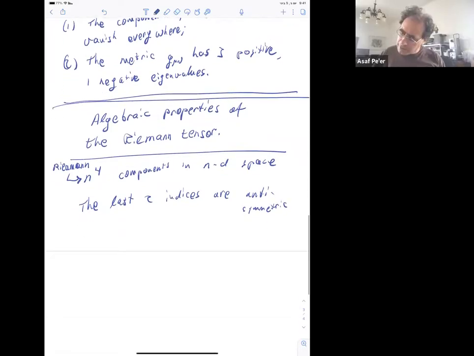So they have only n times n minus 1 over 2 independent values.